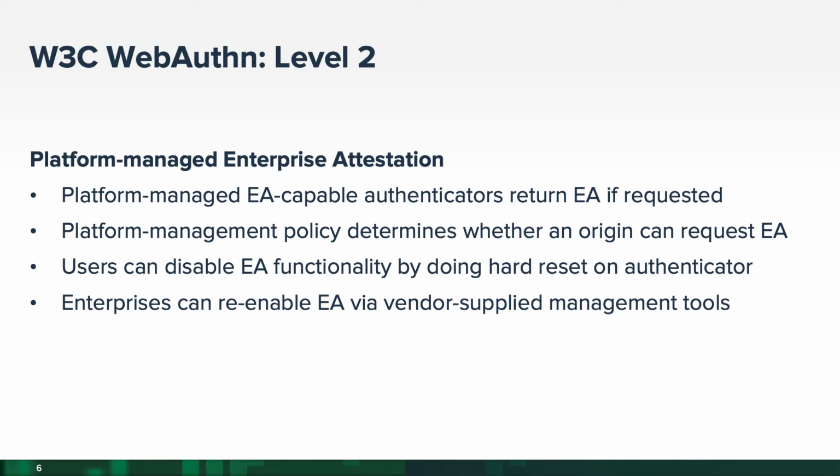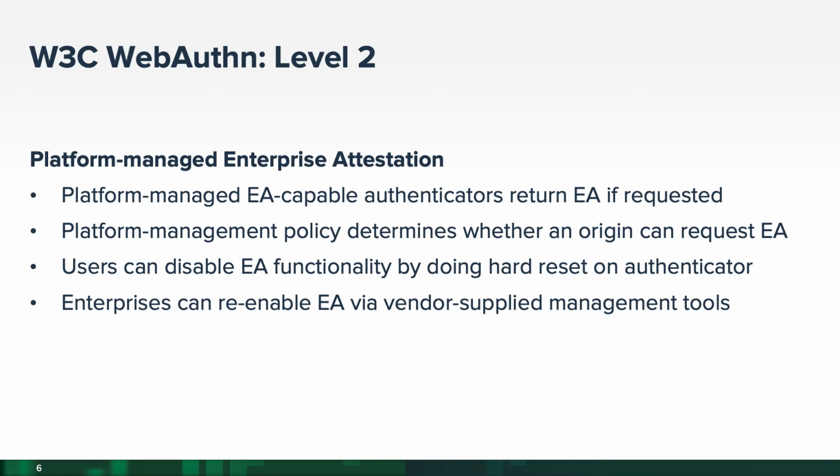The other mode is more for people who are using managed endpoints. If you have enterprise mobility management turned on, or other endpoint protections, say Google Apps for your Chrome browsers, you can turn on a flag which says for these given endpoints, they're allowed to ask for an enterprise attestation, independent of what's been pre-configured into the authenticator.